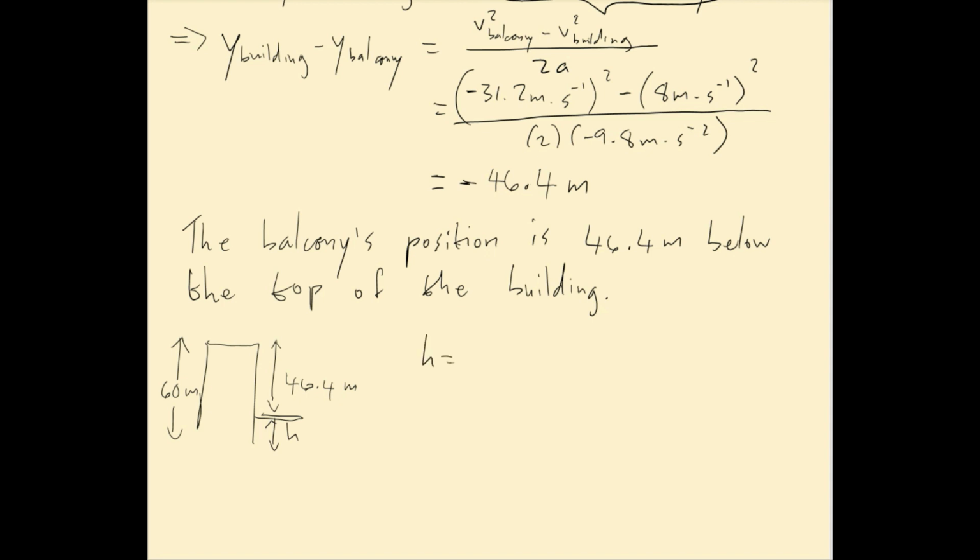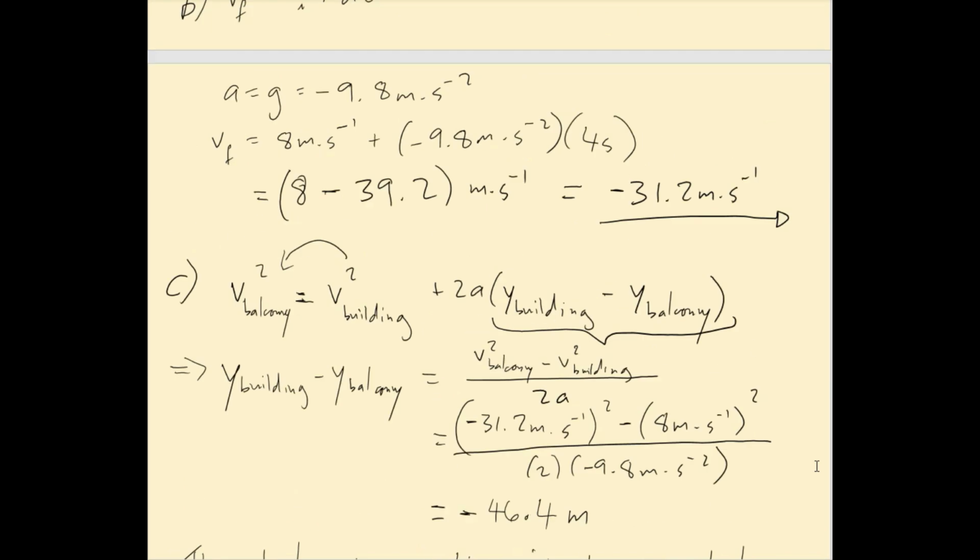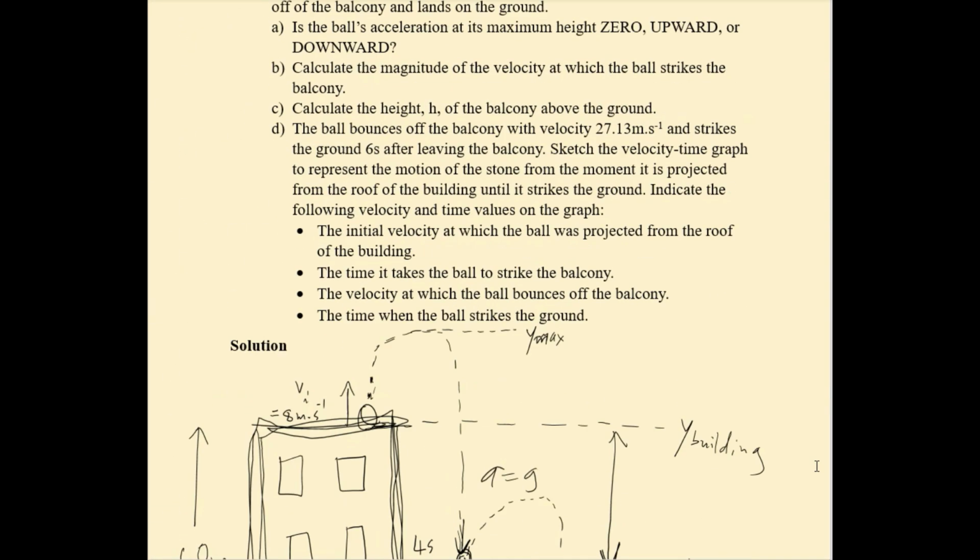So h is equal to 60 minus 46.4 meters. And this, if I'm not mistaken, is 13.6 meters. So this is the height of the balcony. This is how far away the balcony is from the ground. And I think that answers the question.